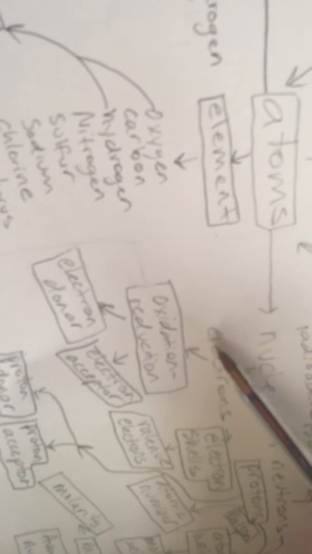So back up to electrons and some of the reactions that electrons do in atoms. When you come down to your oxidation reduction reactions, that's when electrons are transferred between the reactants and the products.